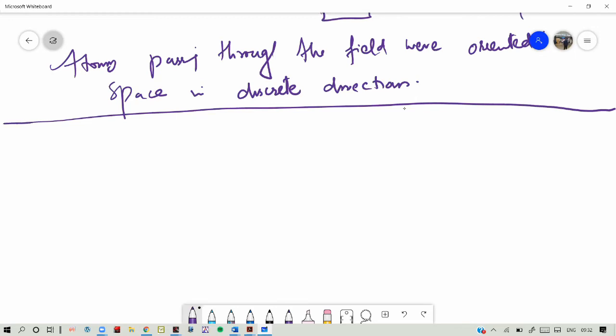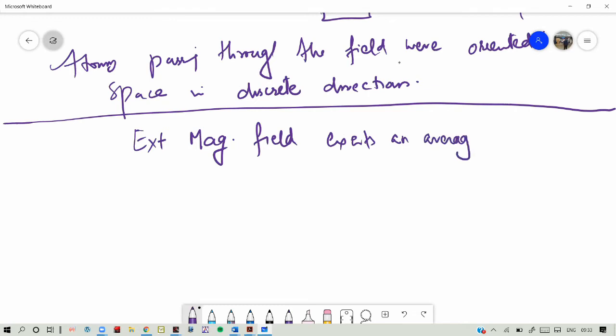The external magnetic field exerts an average transverse force experienced by the atomic magnet.